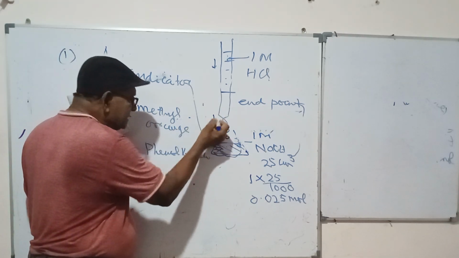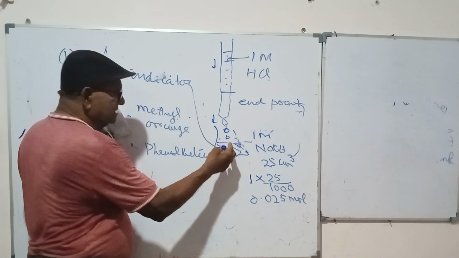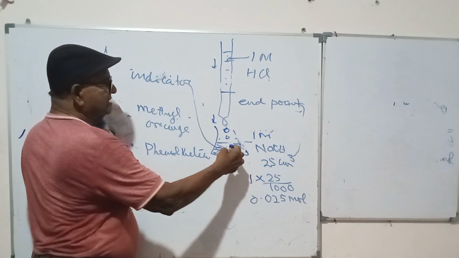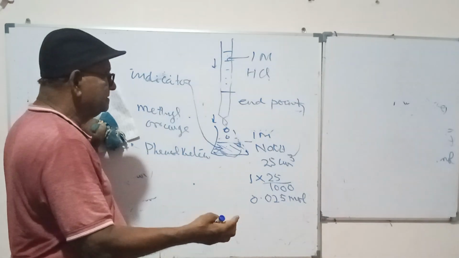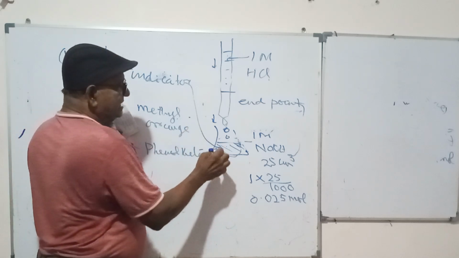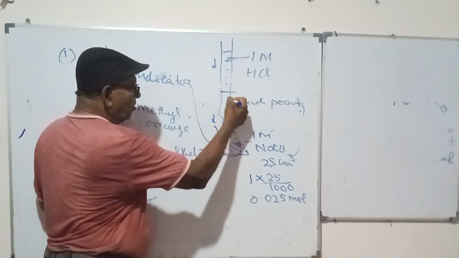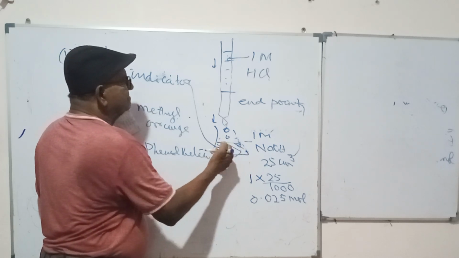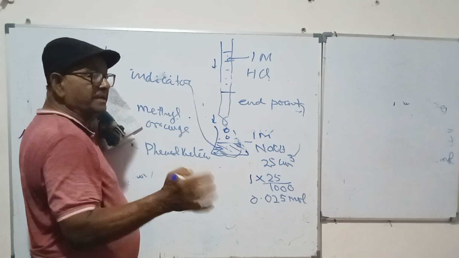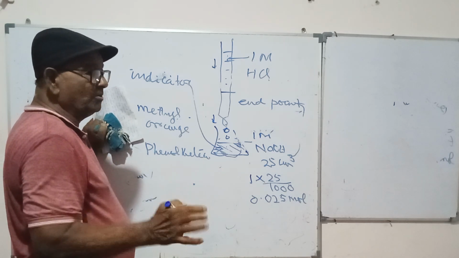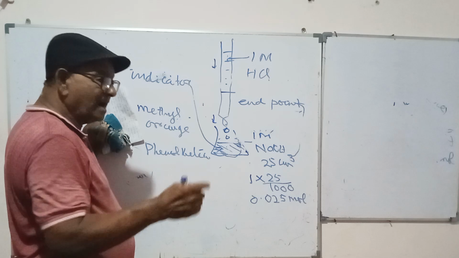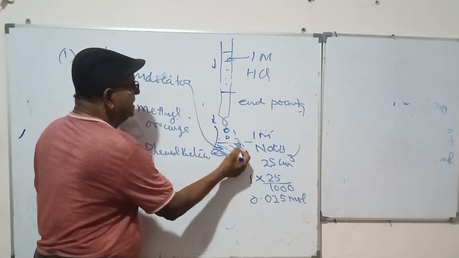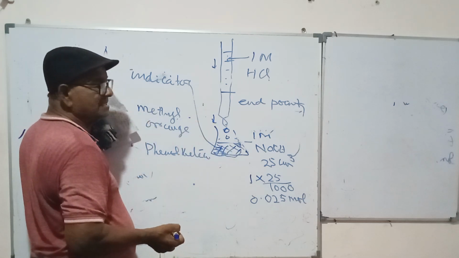When you add HCl little by little, basicity decreases due to the reaction. Finally, if the required amount is totally added into the solution, it has sodium chloride only, no acid or base. After that, if we add one drop of HCl, the whole medium becomes acidic.